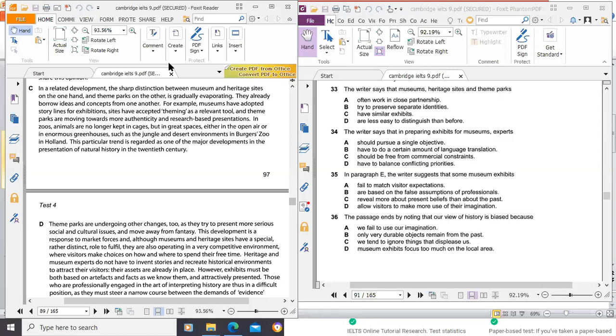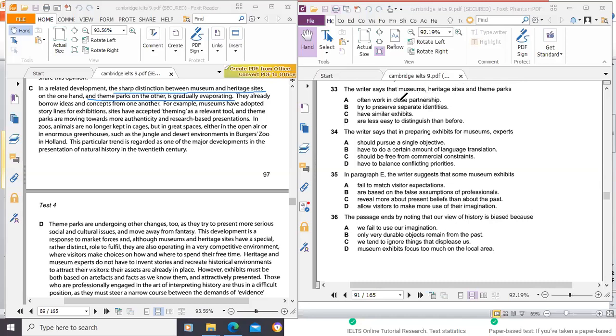Let me go back to my annotate. Okay. The sharp distinction between these gradually evaporating, they are borrowing ideas, okay. So the writer, in preparing exhibits, says that museums, heritage sites, and theme parks are often working.